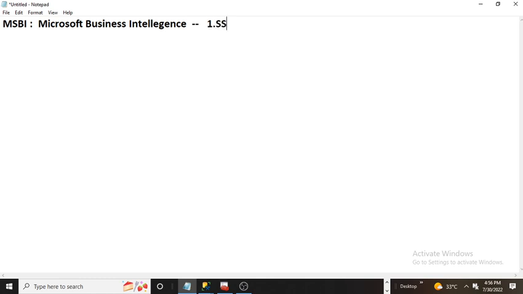The first part is called SSRS. Another part is SSAS. The third part is SSIS. Sequence doesn't matter. These are the three important components of MSBI, and we will see practically how to create this.